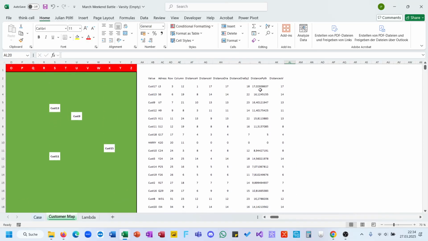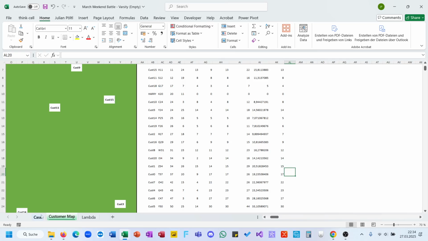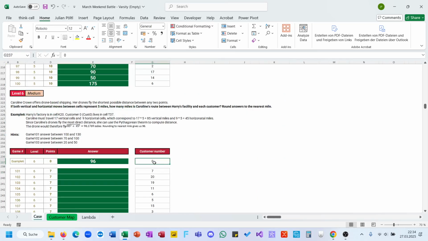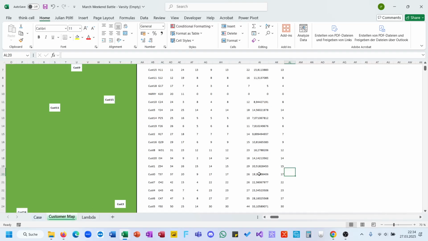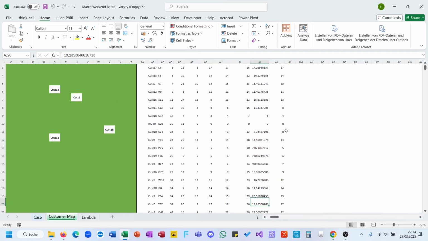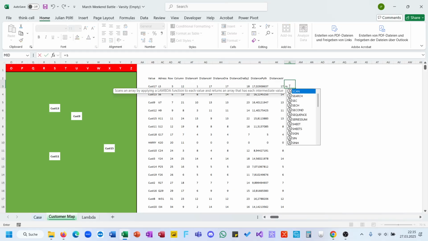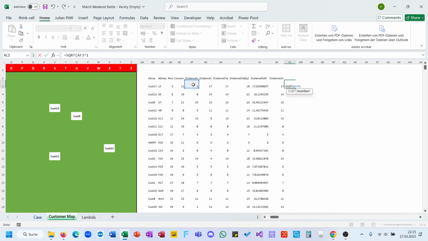When is it mathematically the same? When I calculate with 1, it should be the same, but no, I will not risk it. SQRT of horizontal distance squared plus vertical distance squared, but this times 5 times 5.